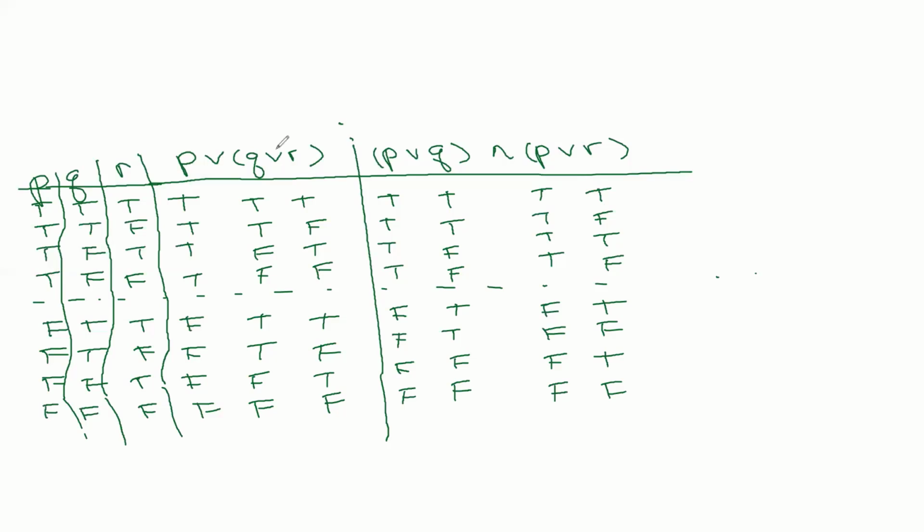So our setup is done, and we're going to start over here on the left side, and we have to start inside the parentheses with or. True or true is true, true or false is true, false or true is true, false or false is false, and so on. So we have 3 trues and a false, 3 trues and a false.